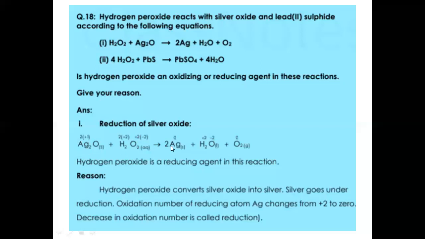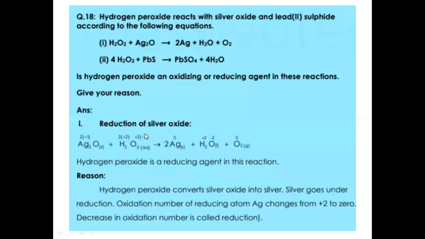Same as here, silver zero. In hydrogen peroxide, the oxidation state of oxygen is -4 for two oxygen atoms and -2 for one oxygen atom.